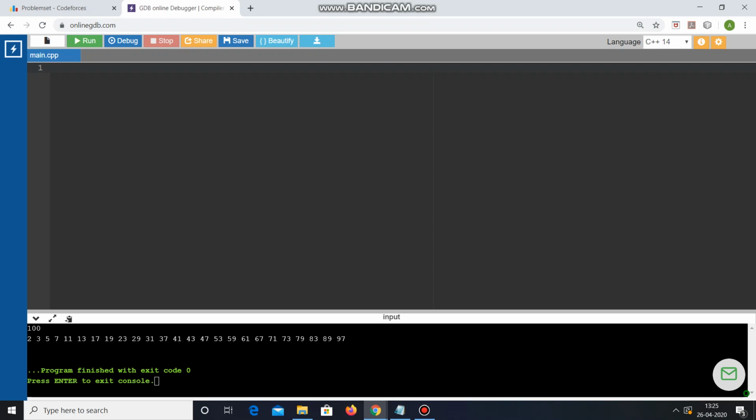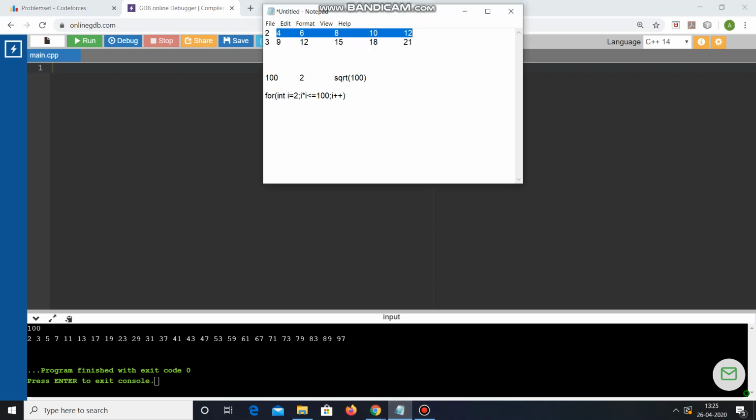So what happens is that when you do such an iteration, say you start with 2, we assume 2 is prime, so we square it. From 4, the subsequent multiples of 2, that's 6, 8 and 10, we mark as composite, and similarly the numbers between 2 and 4 will be assumed to be prime.